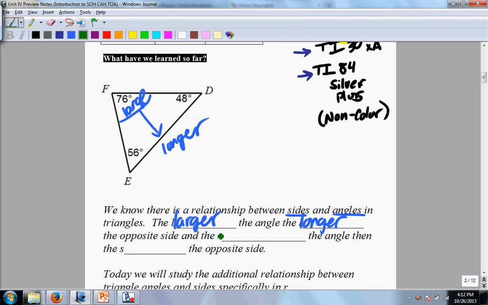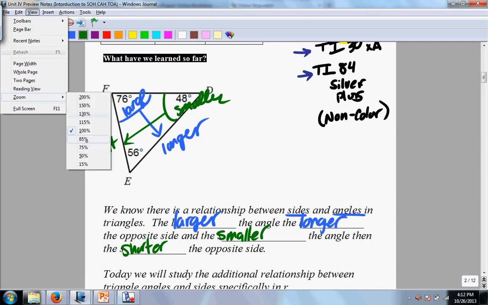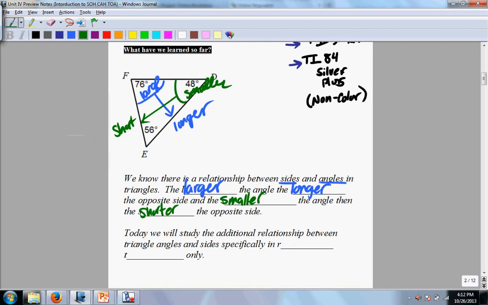And the smaller the angle, then the shorter the opposite side. So there is an interrelationship between sides and angles in triangles.